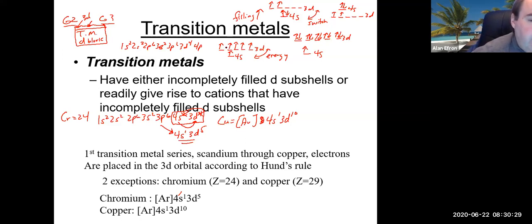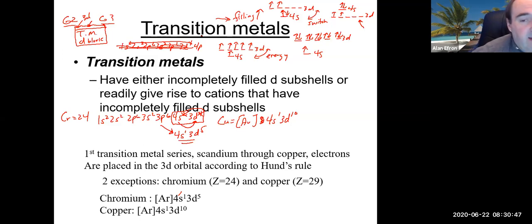When people do that, it's because of that switch in energy. This is electron configuration written in terms of energy. In this class and most classes, you really don't write it that way. You write it in terms of filling, how the electrons go in.